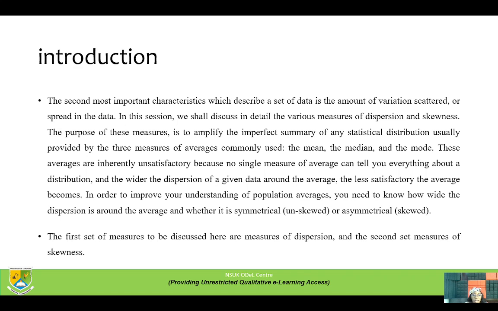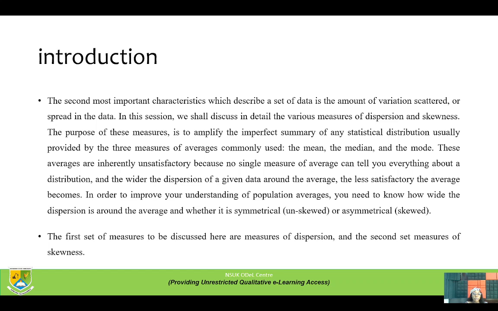These averages are inherently unsatisfactory because no single measure of average can tell you everything about a distribution, and the wider the dispersion of a given data around the average, the less satisfactory the average becomes.